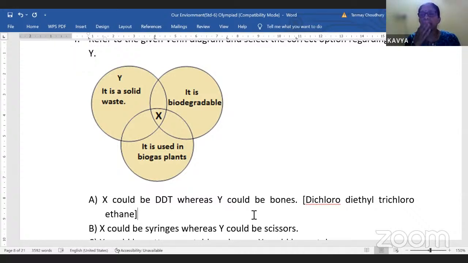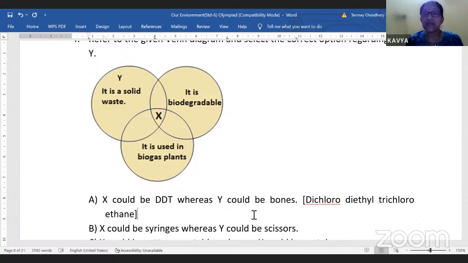But what used to happen is, if it is sprayed on a rice crop, and DDT is very poisonous, we as humans are consuming it. So it goes into the food chain. Birds eat these grains and the DDT goes into their body. So in 1972, it was banned in many countries in the world.